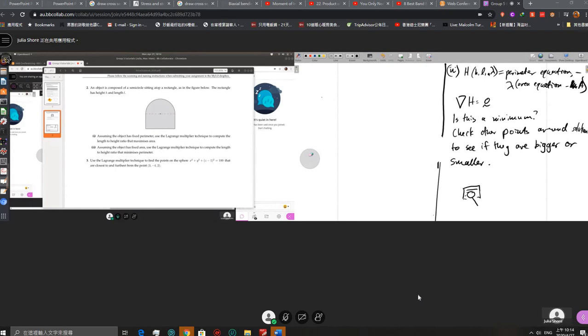All right, question 3. What have you got? Use the Lagrange multiplier technique to find the points on the sphere that are closest to and furthest from a particular point.